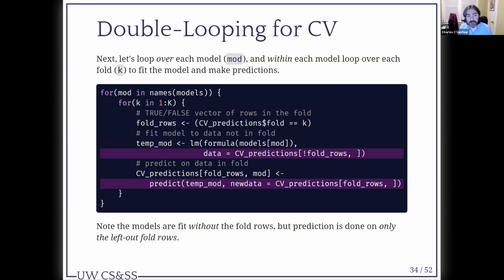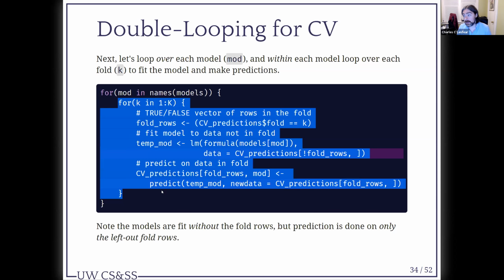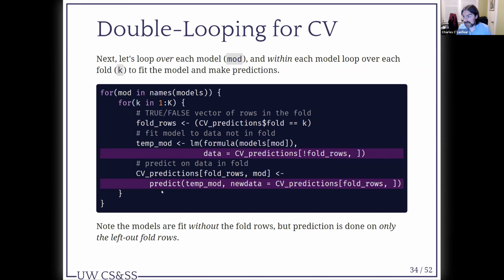The loop inside says for k in 1 to capital K. Capital K is the number 10, which means this loop is going to run 10 times, setting k to 1, then 2, then 3, up through 10. Once it gets to 10, it runs everything inside, goes back up here, changes the model to the next model, and then goes back in here and runs through k equals 1 through 10. This is a nested loop.